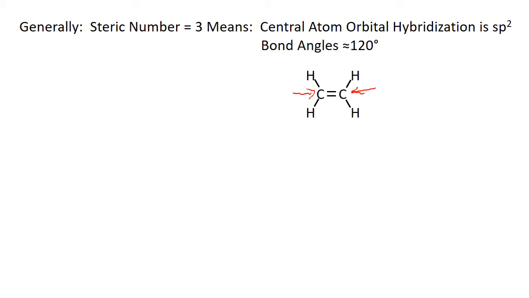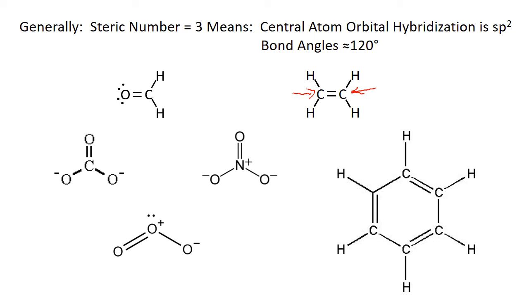So each of them has steric number 3. But both have orbital hybridization sp2 because that's what goes with steric number 3. And also, all going with steric number 3 will be a bond angle set of 120 degrees. There was our same presentation for formaldehyde. Now, the exact same analysis is going to work for all these molecules as well.